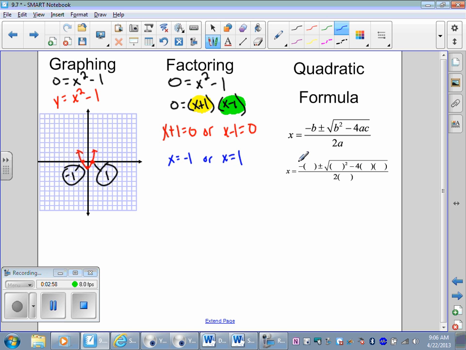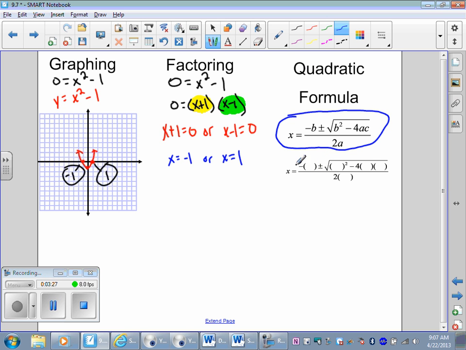Now, quadratic formula. First of all, you're not going to be able to use the quadratic formula if you don't memorize it. So you need to memorize this. And what do I have written here? Well, that comes back to the same date at the beginning of the year I keep mentioning, August 21st, that when you're going to evaluate an expression that has a bunch of variables in it, I think it's a good idea to first rewrite the expression, replacing every variable with a parentheses, because then you just need to plug values in.